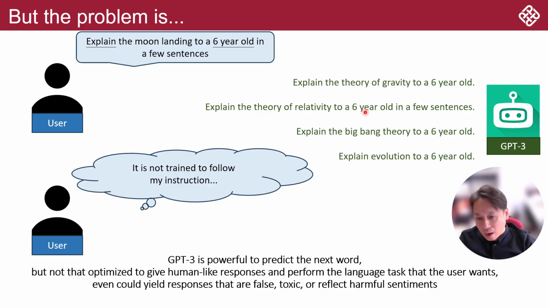So you have to explain gravity to a 6-year-old, and you write lots of prompts. But honestly, the result may not perfectly fit your need. This is one example, because their model is a probability distribution.